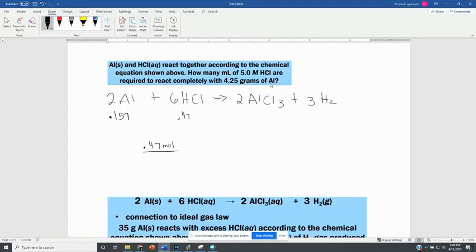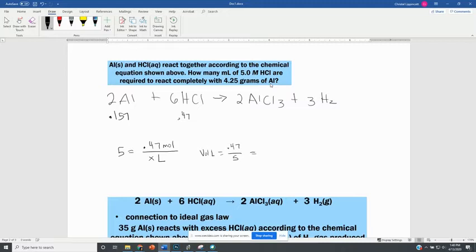So if I have 0.47 moles of HCl and I have 5 molar hydrochloric acid, remember that your molar value equals moles over liters. So if we have 5 molar equals this, we're going to be solving for our liter amount, which we'll call X. Multiply both sides by X, that gives us 5X, and then divide both sides by 5. So 0.47 divided by 5 equals the volume we're looking for in liters.